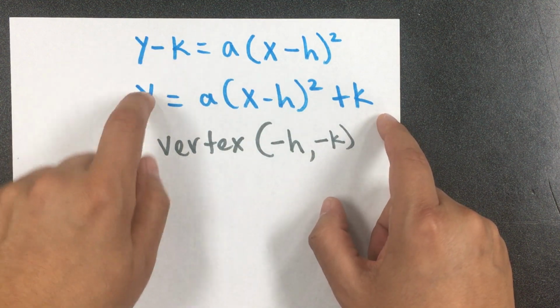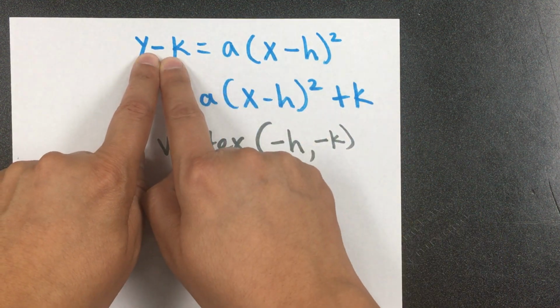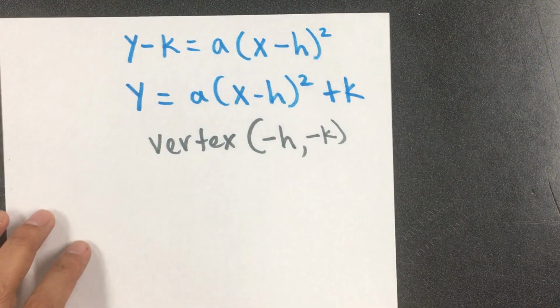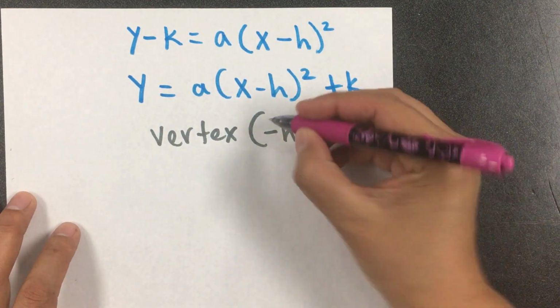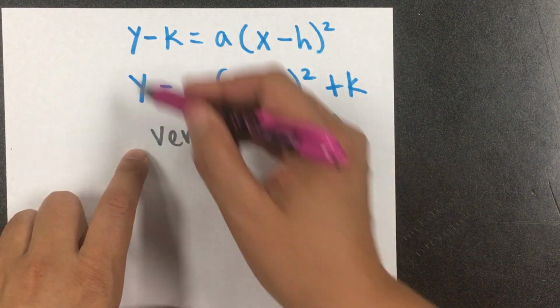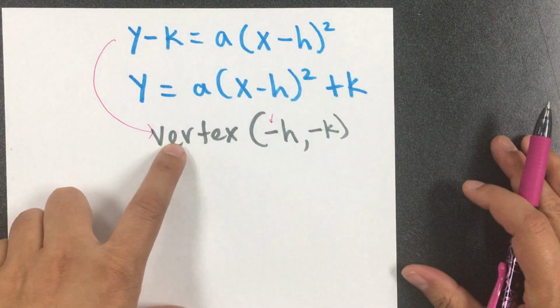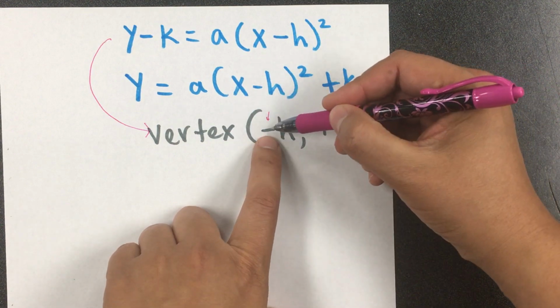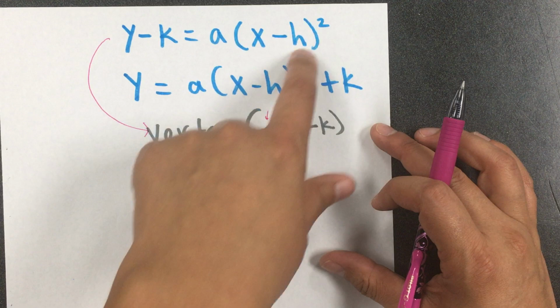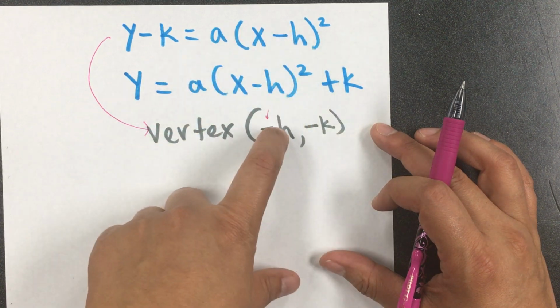So basically it's the same thing, but the k is negative here, and then it goes to the other side positive. So the vertex, I just put a sign in here as negative, but basically it means that if you get it from here, you're gonna do the opposite of whatever is in here. So if it's -4, you're gonna put +4.